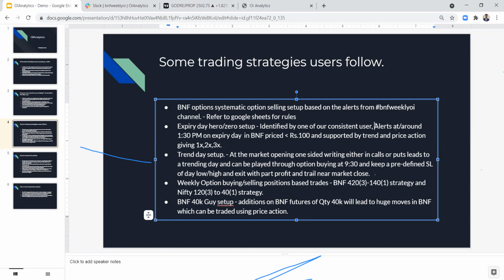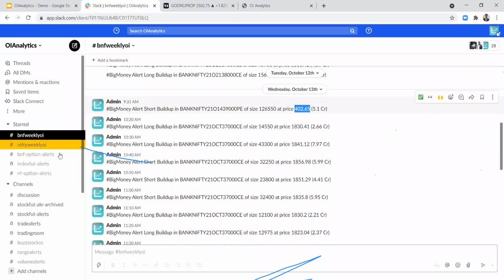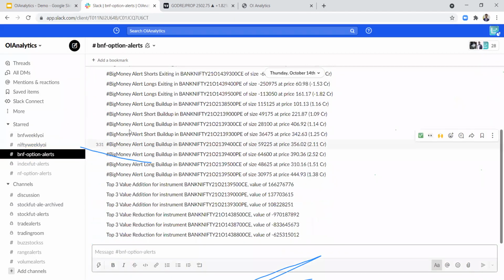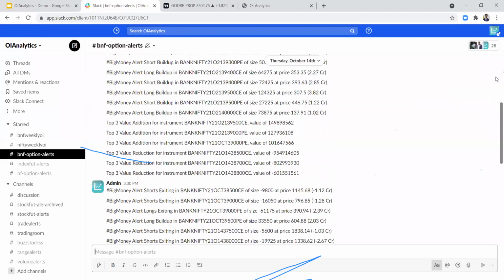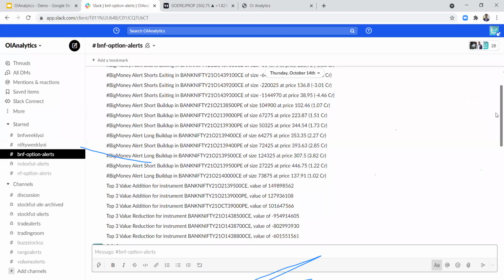The idea of this setup is that on expiry days, anywhere between 1 to 1:30 p.m., we'll get alerts in the Bank Nifty option alerts channel over here, which contains one strike where there is a hero or zero opportunity, right? Identifying which alert that is is your discretion, but it is not so difficult. If you start seeing it for some time, you'll be able to figure it out.